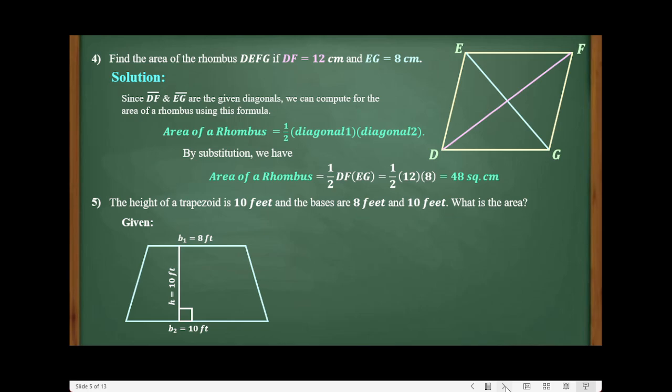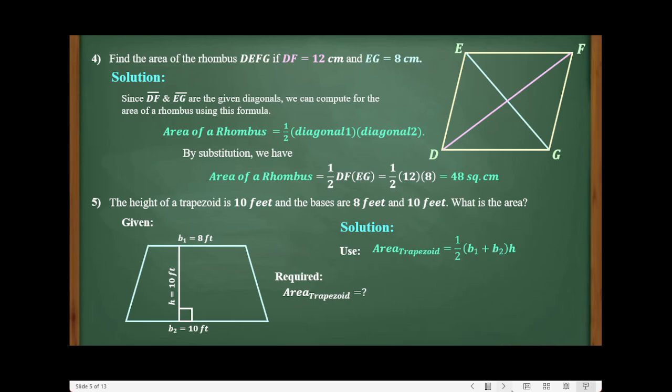Now, how do we compute the area of this trapezoid? Actually, there is a formula for the area of a trapezoid, and that is 1/2 the sum of the bases multiplied by the height.